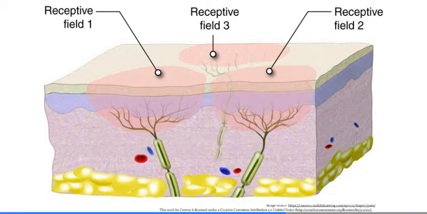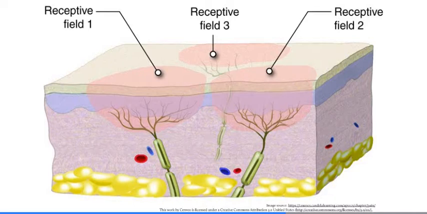This image suggests the concept of what are called receptive fields, or the patch of skin that a single nerve ending is responsible for conveying stimuli information about to the central nervous system. Anything that touches within receptive field number 1 is sensed as being from a discrete part of the skin.